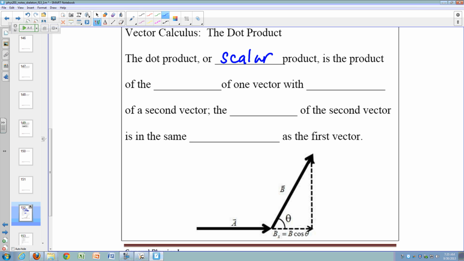It's the product of the magnitude of one vector with a component of the second vector, and the component of the second vector is in the same direction as the first vector.